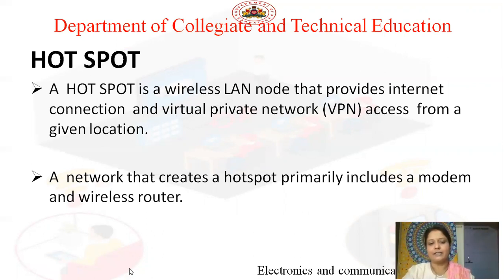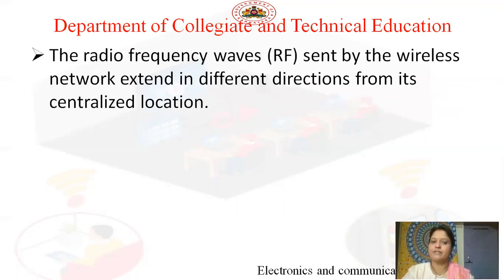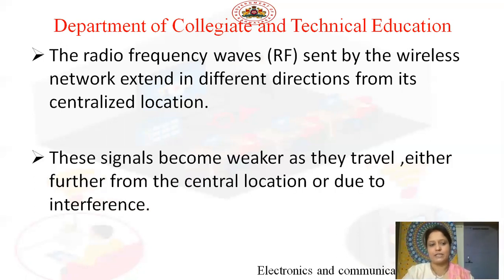A network that creates a hotspot primarily includes a modem and the wireless router. The radio frequency waves sent by the wireless network extend in different directions from its centralized location. Therefore, the waves which are converted by the routers into RF signals are extended in different directions from the centralized location.